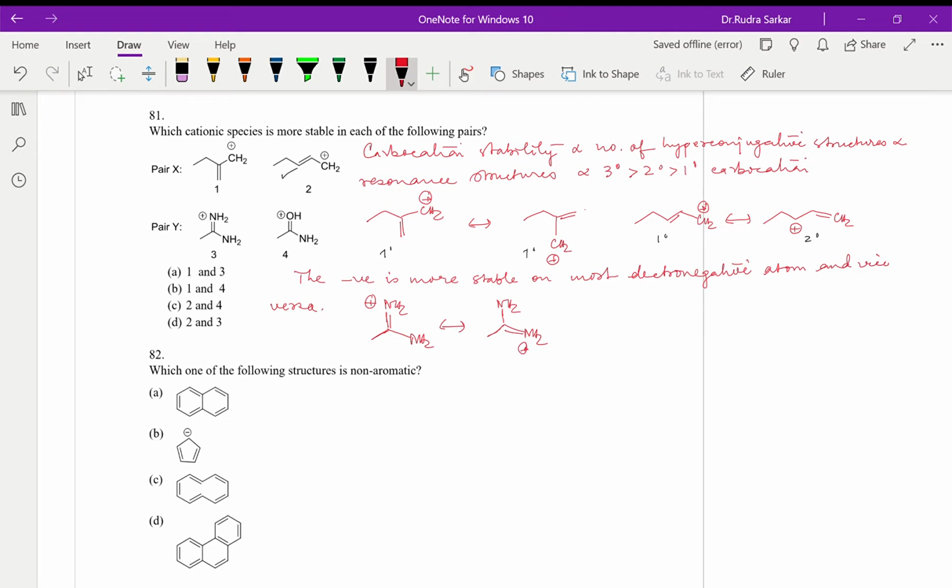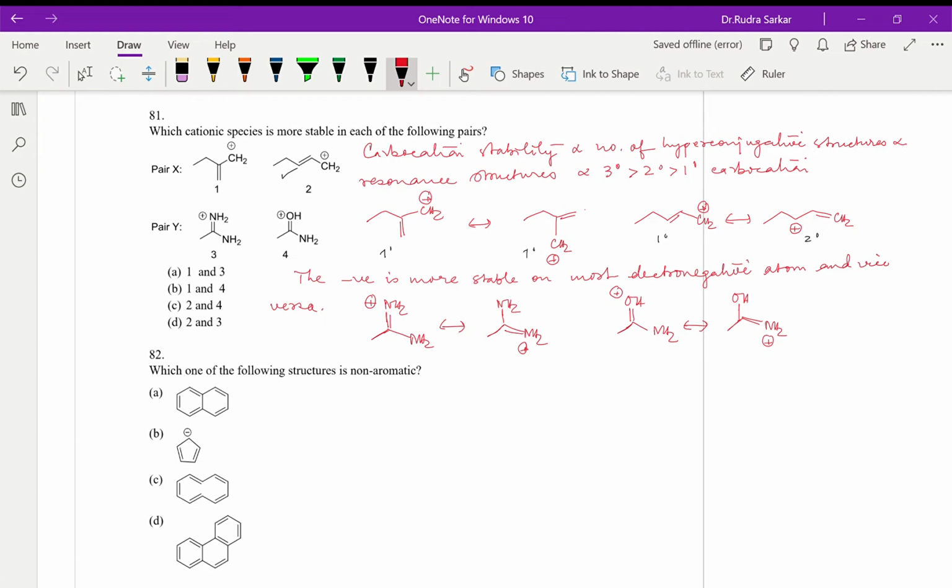Here we can see the positive charge is on either of the nitrogen atoms, but among the two resonating structures, it can be either on oxygen or on nitrogen, but it should be most stable on nitrogen.